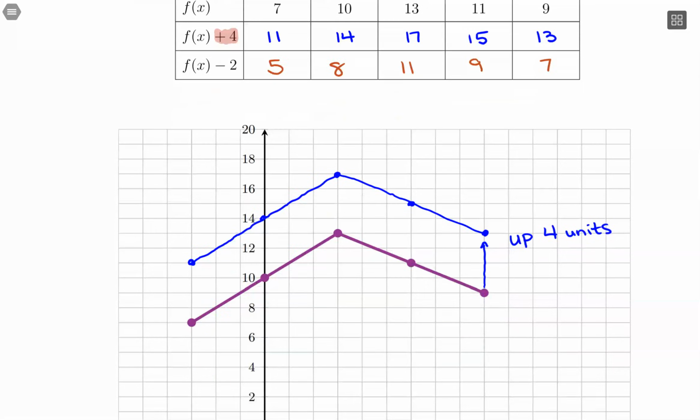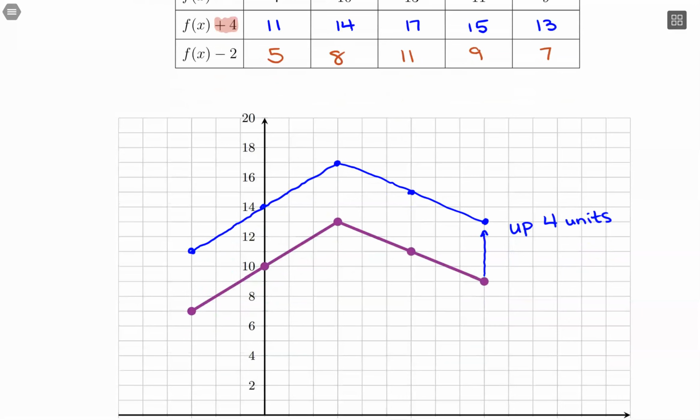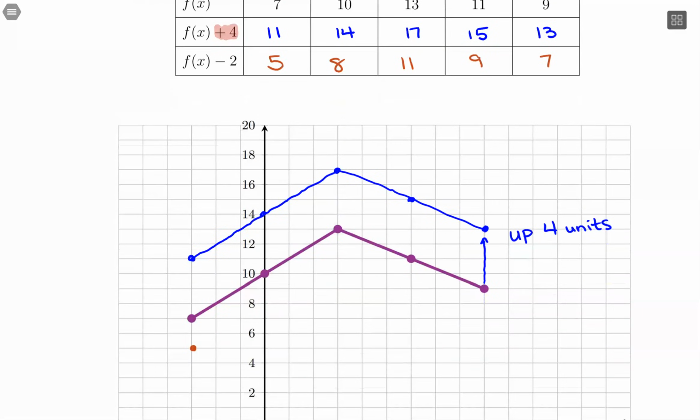So I'm going to graph those coordinates. So -3, 5, and 0, 8, there, and there. And then I'm going to connect those dots as best I can.